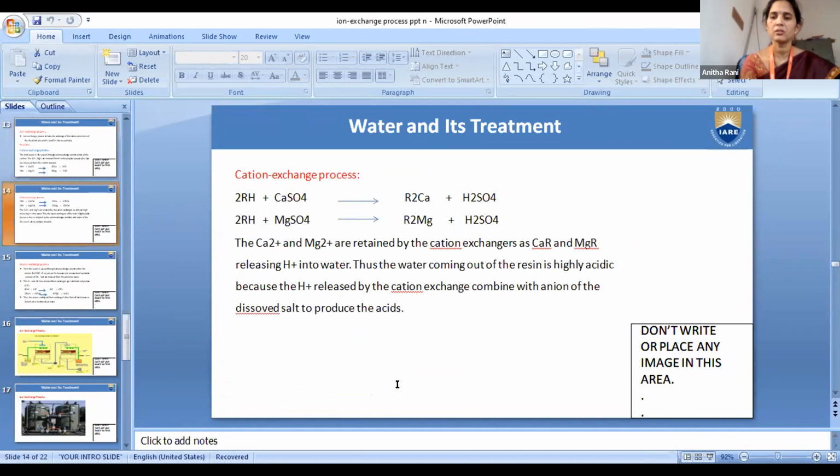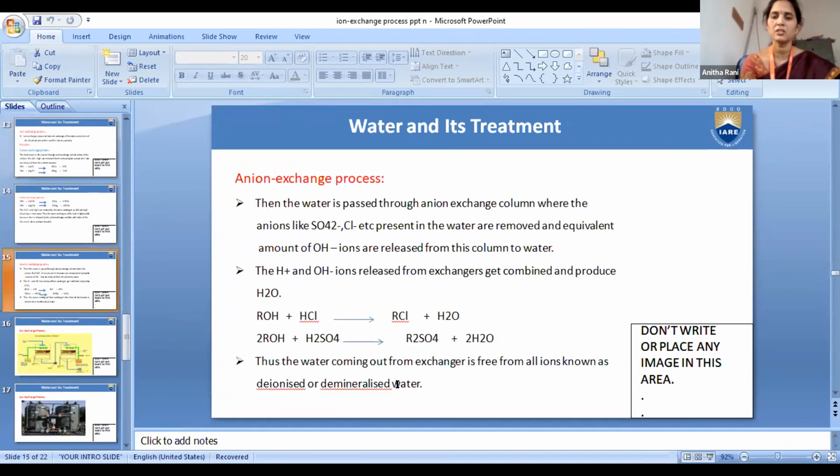Then we pass water from the first chamber to the second chamber. The water now contains chlorides and sulfates. Now exchange of anion takes place, that is chloride ion with OH minus ions from the anion exchanger bed, and we will collect pure soft water that contains no anions or no cations of the hard water.